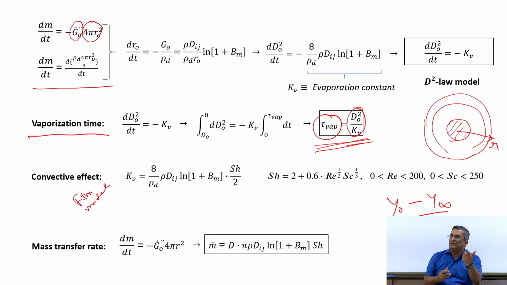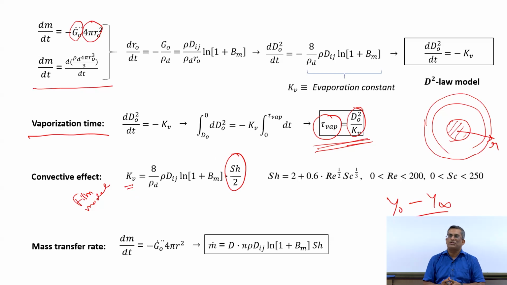So, this is the physics behind the higher evaporation process that we realize in case of convection. Here it can be shown that the evaporation constant is modified by this term only, where this is known as the Sherwood number. It is a non-dimensional number.